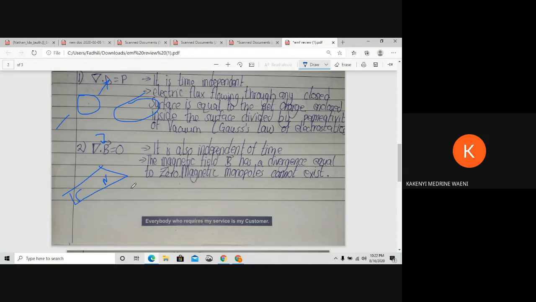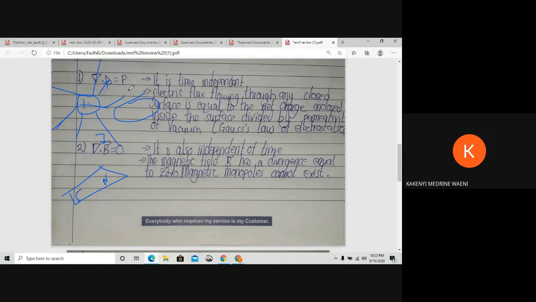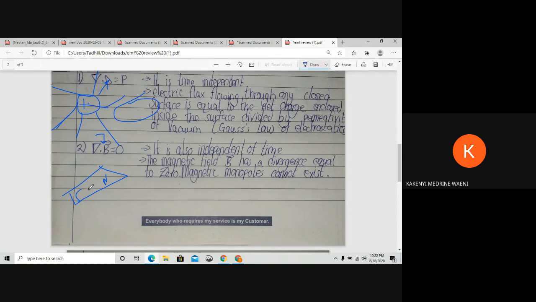You can't just have one positive charge here that's going to radiate away from it like charges. Now here we can't have just north, it has to be north and south. So the second Maxwell's equation essentially boils down to this.